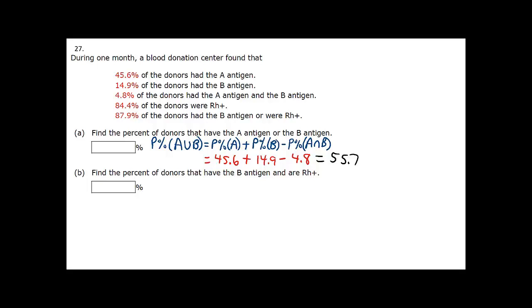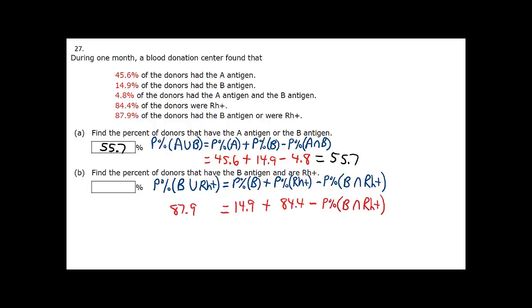Do the arithmetic and you get 55.7% have the A or the B. The B part, I can also use the inclusion-exclusion principle, but this time I'm looking for the B antigen and Rh positive. So the percentage that have the B antigen or the Rh positive antigen is the percentage having the B antigen plus the percentage having the Rh plus antigen minus the percentage having both.